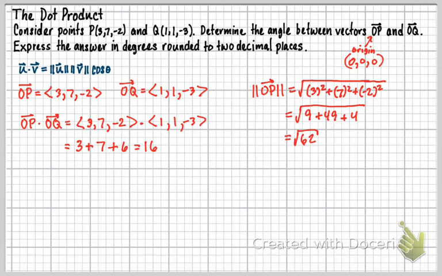Now I'm going to find the magnitude of OQ. So 1 squared plus 1 squared plus negative 3 squared. Notice here I put a parenthesis around the negative 3.